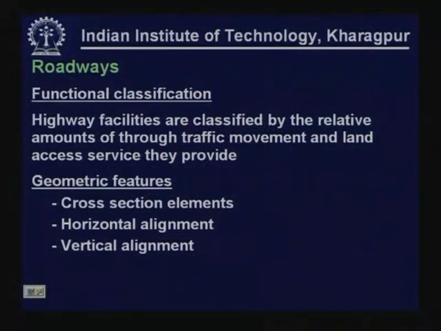You will see that we design cross section elements, horizontal elements, vertical elements, considering the vehicle characteristics, considering the roadway characteristics, and try to make a safer design which will ensure safe and efficient movement of traffic on roads and highways.